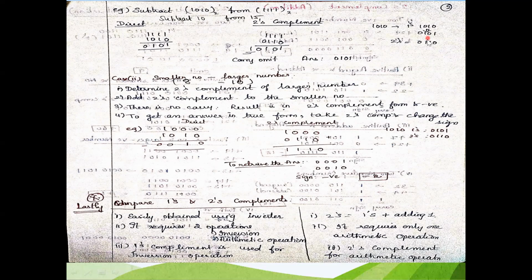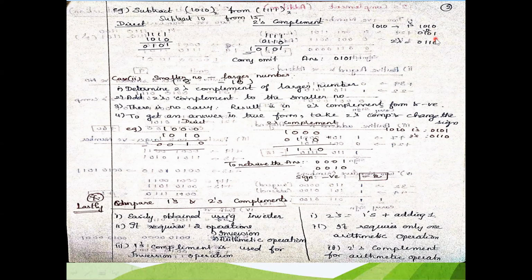Whereas coming on to 2's complement, first we write minuend minus subtrahend as minuend plus 2's complement of subtrahend. The minuend is 1111, which has to be written here. Then for minus 1010 we take the 2's complement. The 1's complement of 1010 is found by the inversion operation, so 0101.